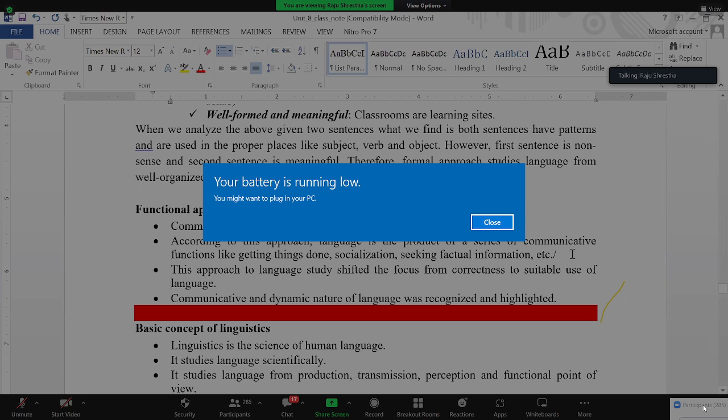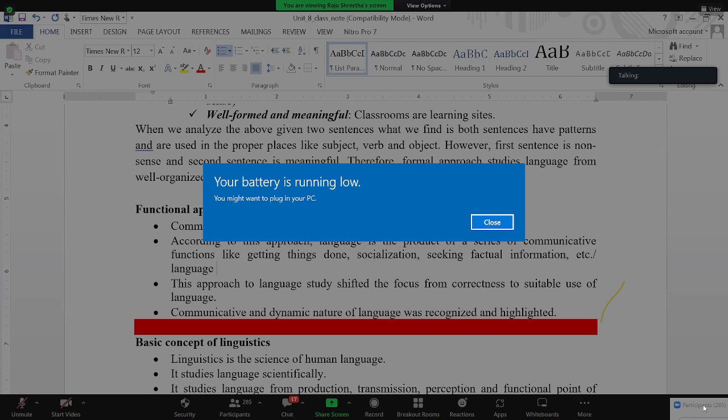Then we can say language functions such as greeting, welcoming, introducing, etc. So according to this approach, language is the product of a series of communicative functions and language functions. For example, language functions are greeting, welcoming, introducing, requesting, suggesting, etc. This approach to language study shifted the focus from correctness to suitable use of language. Communicative and dynamic nature of language was recognized and highlighted.